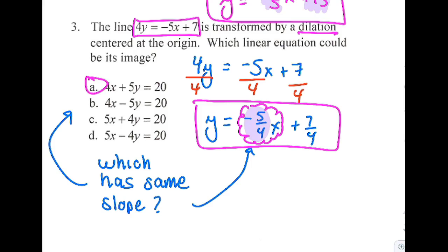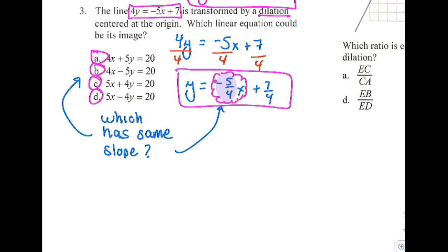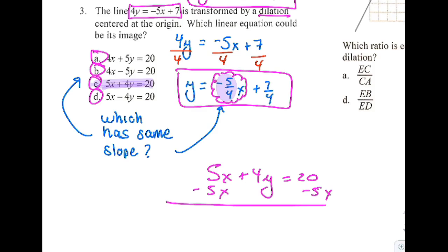So which one of these 4 choices has the same slope, negative 5/4? You go through each one, and you try to find out which one is going to give you the same slope as negative 5/4. When you get to choice C, and you work on it like this, I'm going to try to solve for y, and I now have negative 5x plus 20.